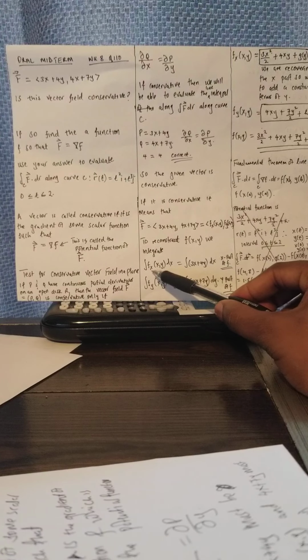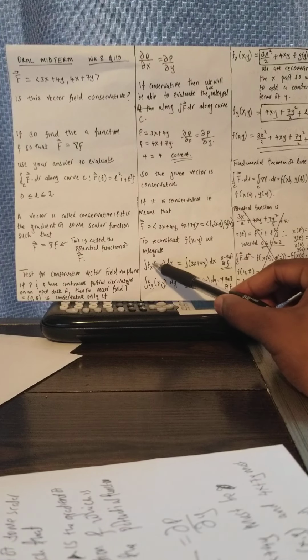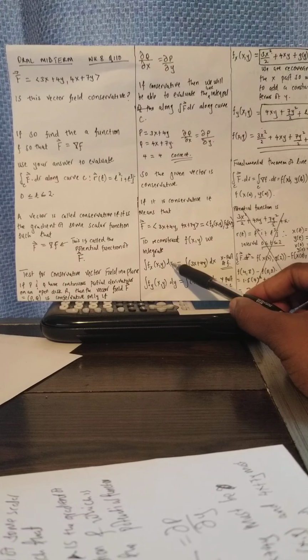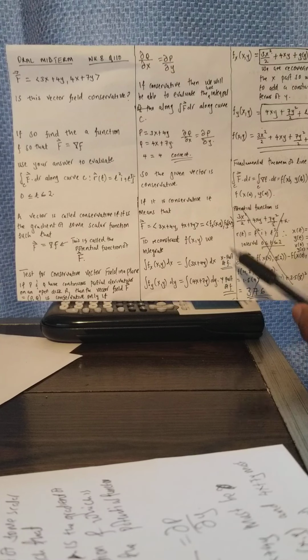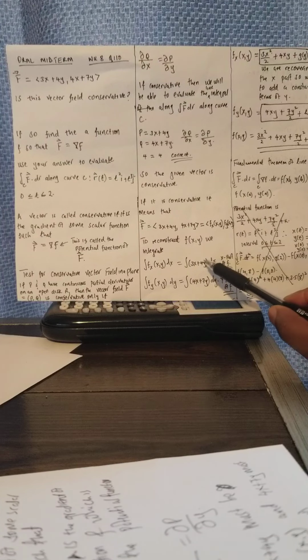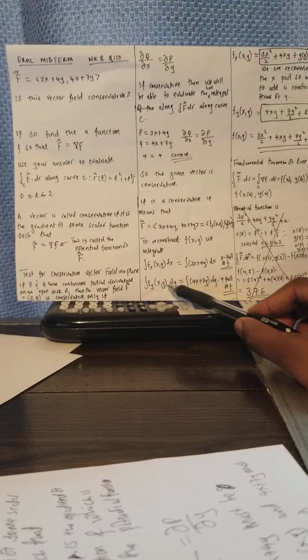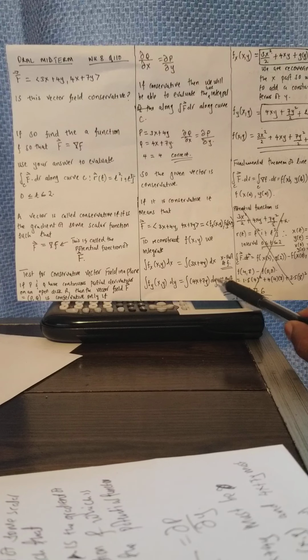And you can see that's done here. So the partial of small f with respect to x, dx, has been integrated here. This one is going to give us the x part of f, our potential function. And then this one, fy dy, is going to give us the y part of our potential function.